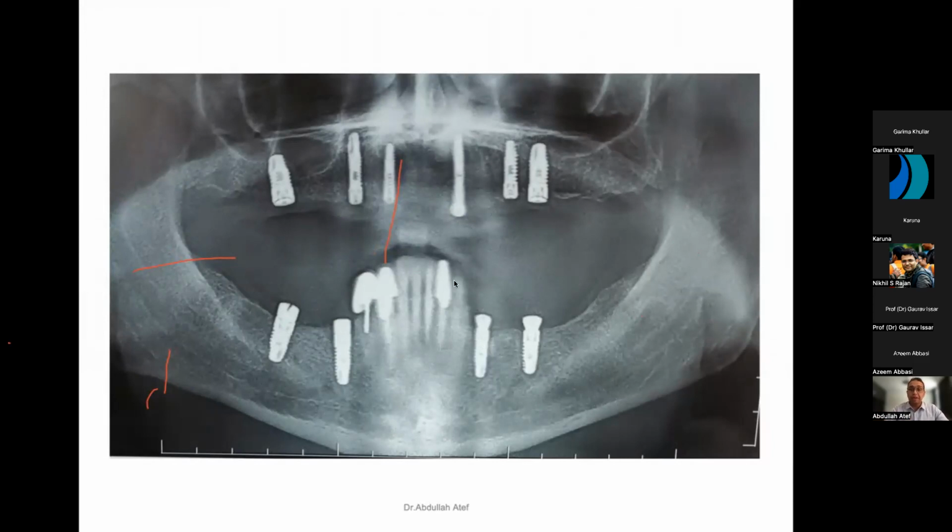We find septa in the sinus on the X-ray, and it is good luck to find the septa, because they increase the stability of the dental implant.